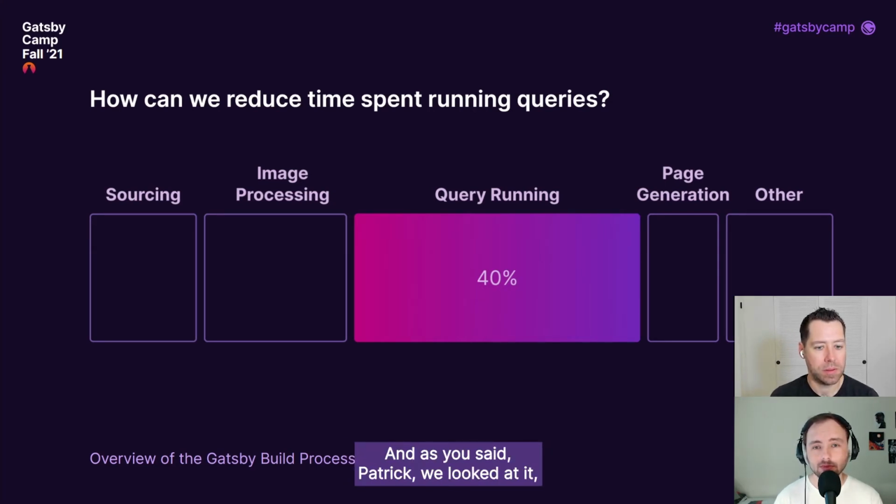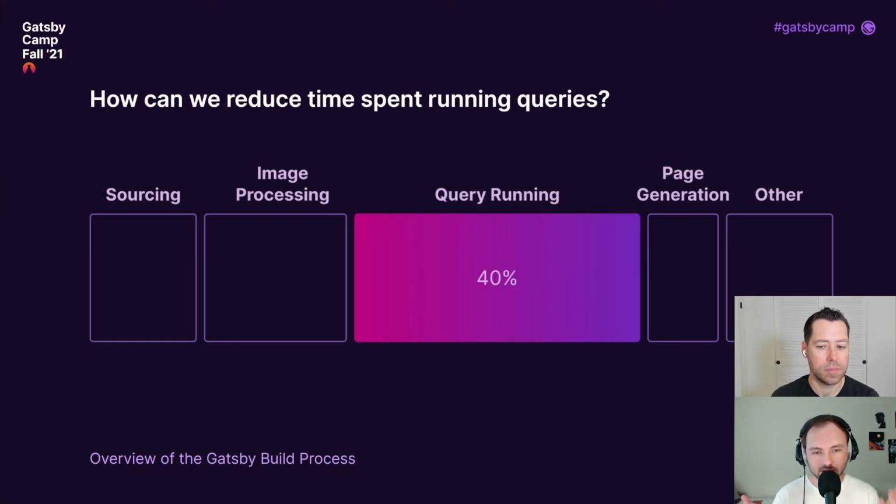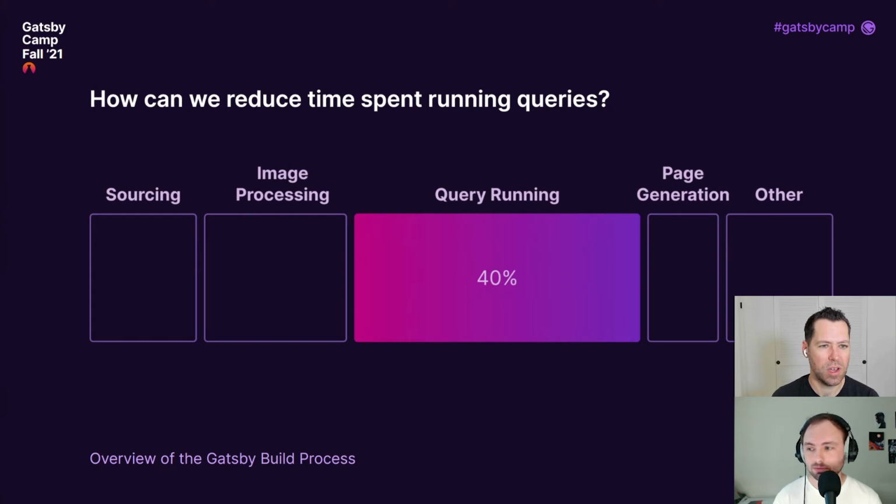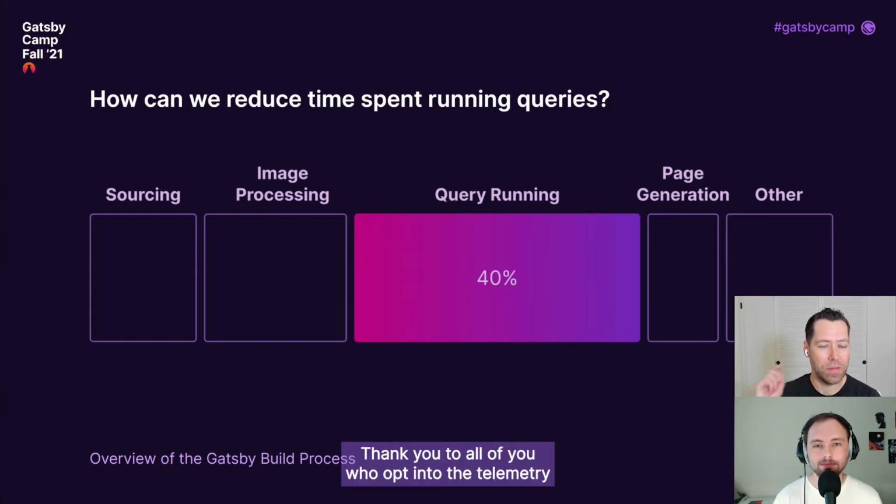As you said, Patrick, we looked at the data, more specifically at our telemetry. We've seen in the past that image processing took quite a bit, and we parallelized and optimized that. Now we saw we need to tackle query running, since it now takes a huge portion of that.